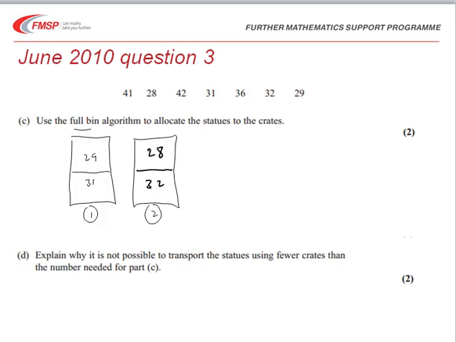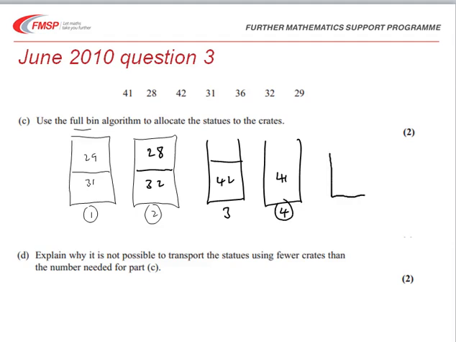And then we're left with the others, 42, 41 and 36 going into separate bins. So 42, 41 and finally a fifth bin, size 36. So there are 5 bins required.